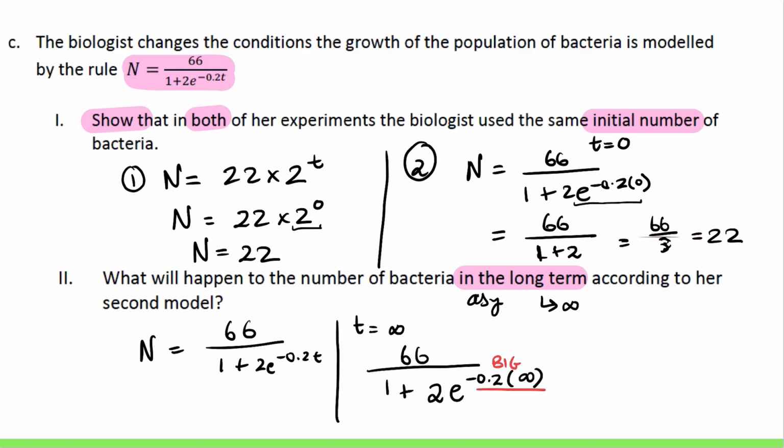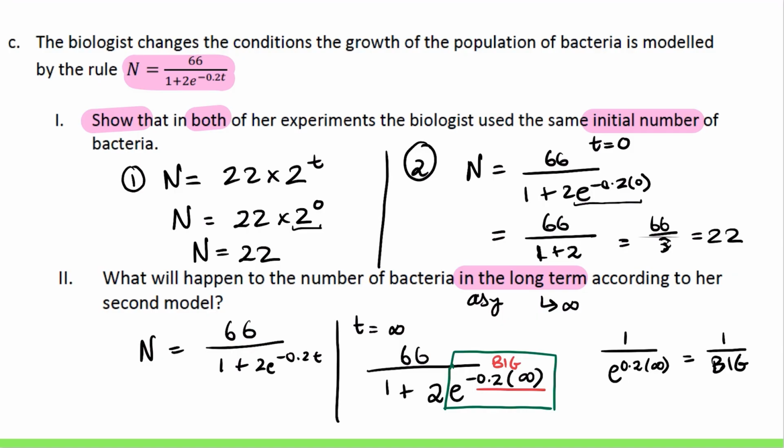Now, here's what's interesting though. I just want to separate this little part here to understand what is happening. Pay attention to the fact that it's e to the power of a negative. That just means that it's at the bottom. So that's 1 on, and remember, e to the power of 0.2 times infinity is basically infinity. It's a huge number. So I'm just going to write 1 on a big number.